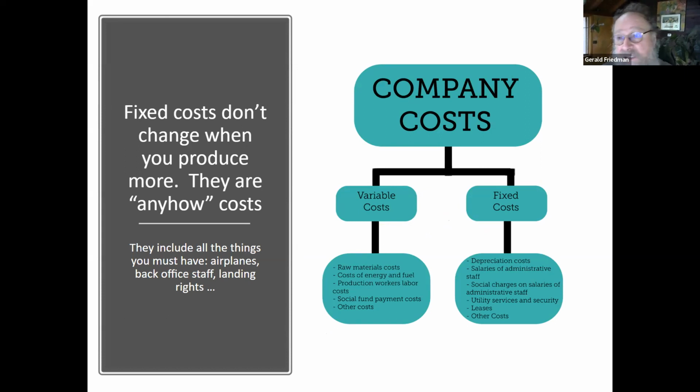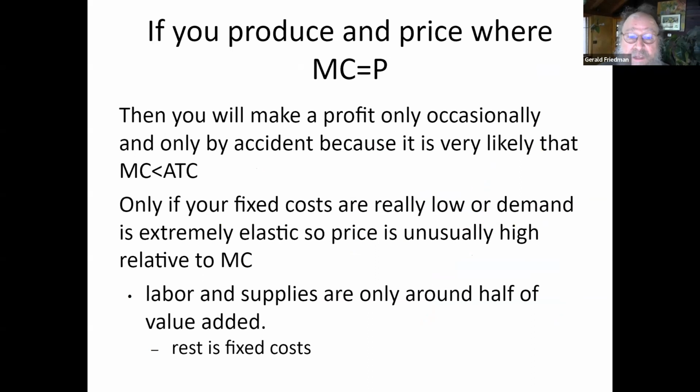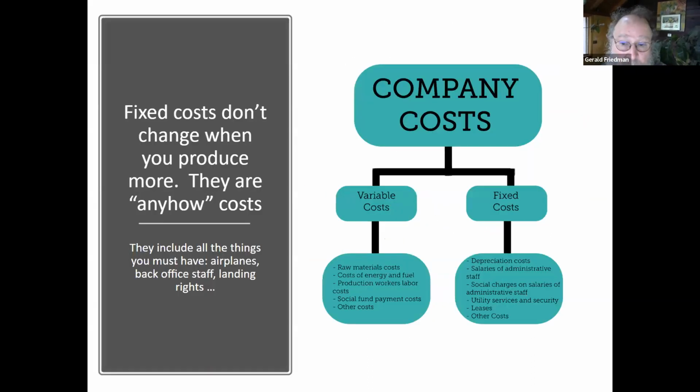This breaks out some of the costs. Variable costs: raw materials, supplies, energy, fuel, production workers. Fixed costs: depreciation on your machinery, salaries of administrative staff, social charges. When I mention labor and supplies here, a lot of labor is a fixed cost.